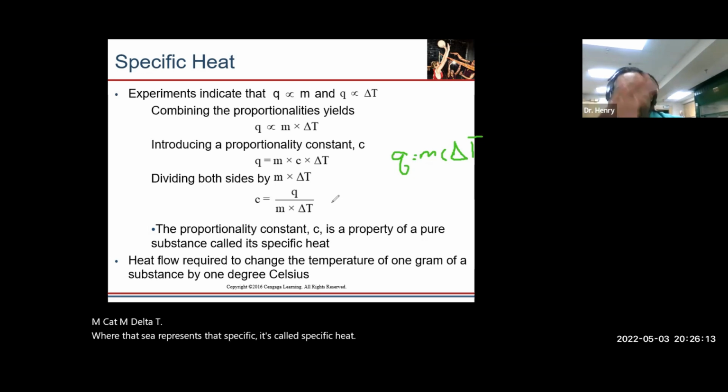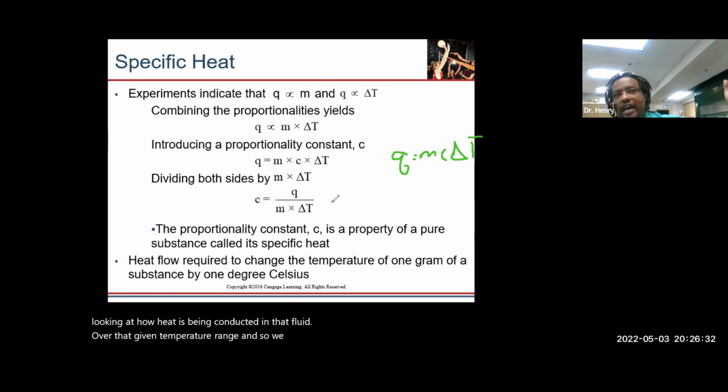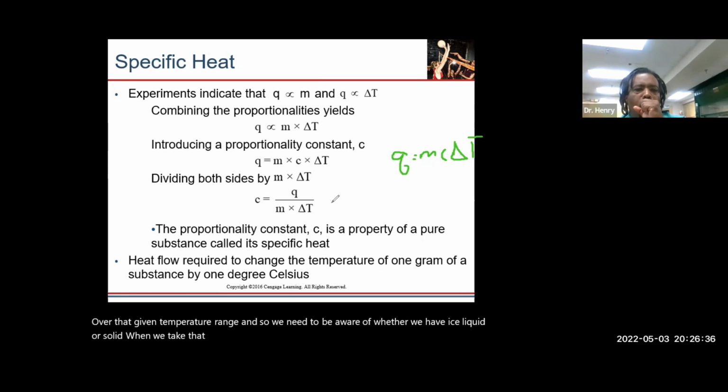And there are tables that give us the specific heat for everything. Now we have specific heat for water and ice and all that stuff. So if we're talking about ranges, we're looking at how heat is being conducted in that fluid over that given temperature range. And so we need to be aware of whether we have ice, liquid, or steam when we take that into consideration, okay? So let me show you what I mean.